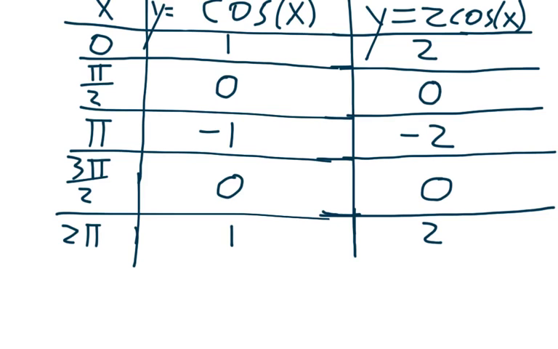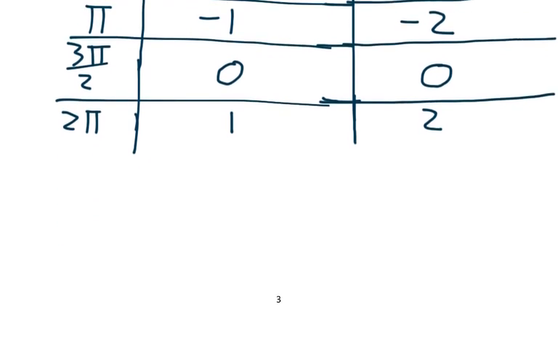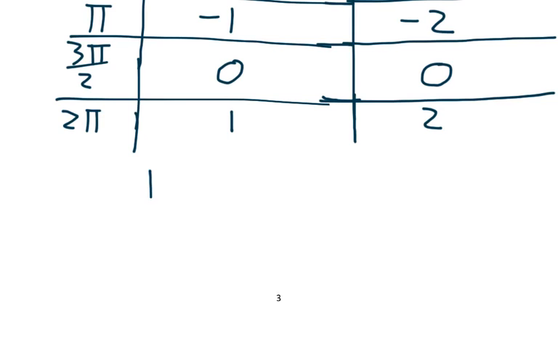So if we were to graph 2 times cosine of x, it would still be 2 pi periodic because we haven't done anything to x here. The only difference is that the graph is going to be vertically stretched by a factor of 2, so that the maximum is 2 and the minimum is -2. In fact, for fun, let's actually graph this.